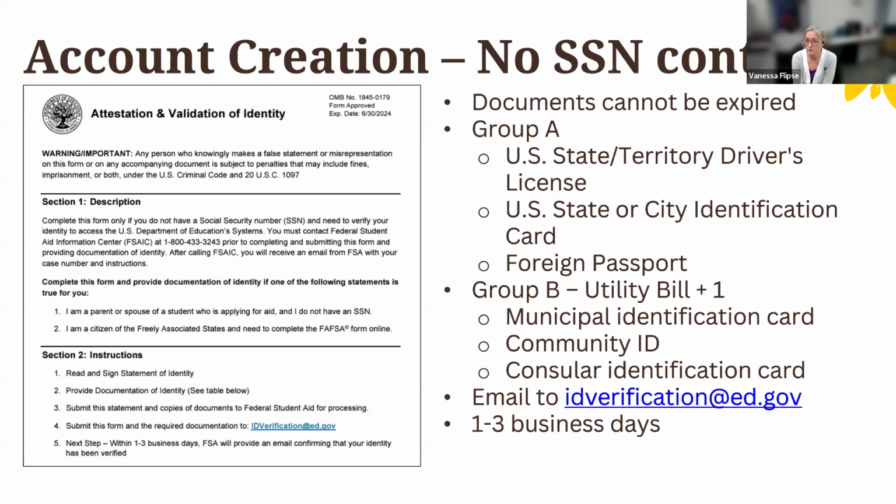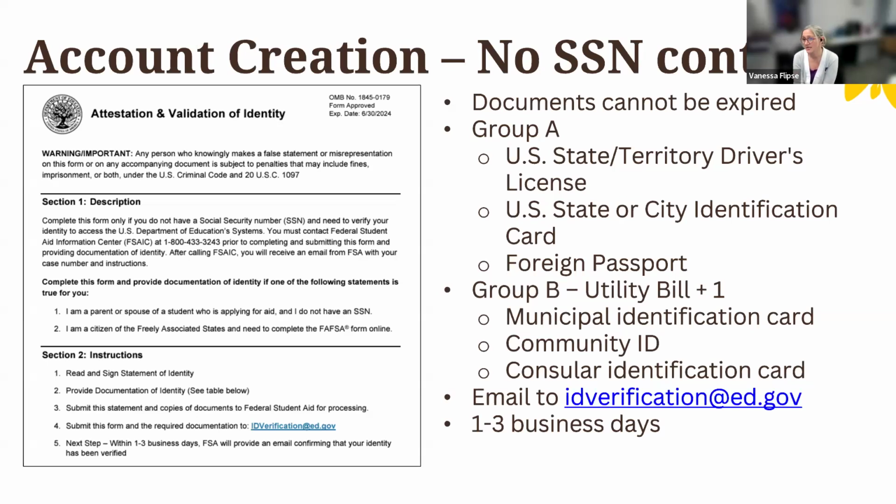So you would need something from Group A and something from Group B. Typically, it's your driver's license and then a community ID card, or I've seen other things, and that would be emailed to ID verification at ed.gov.